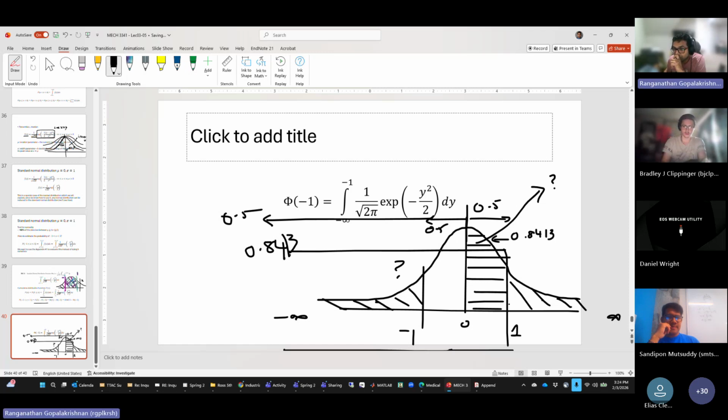If everything to the left of this line is 84%, everything to the left of this line is 50%, how much is between x equals 0 and x equals 1? 0.3413. The difference between the two, that is this horizontal line, is 0.8413 minus 0.5. Is everybody okay with that?